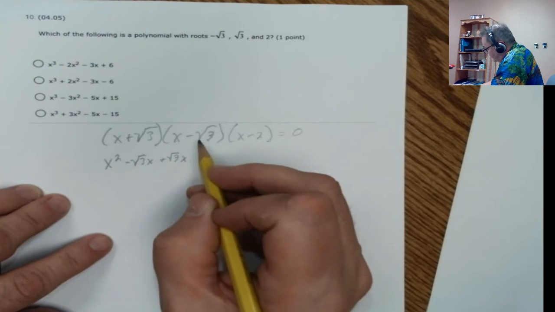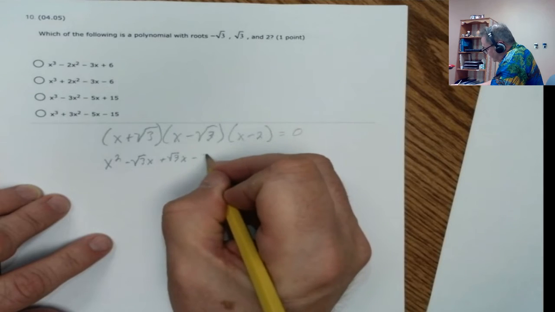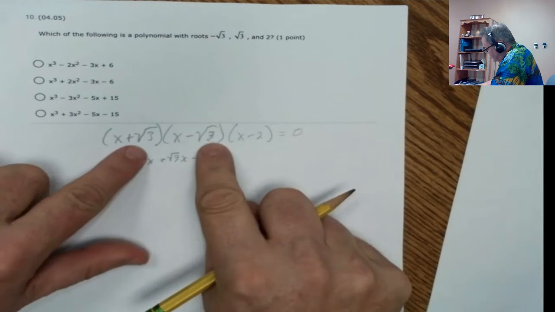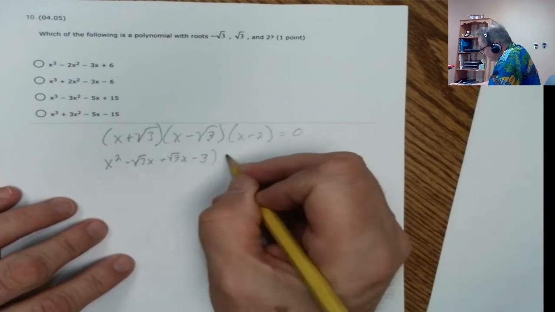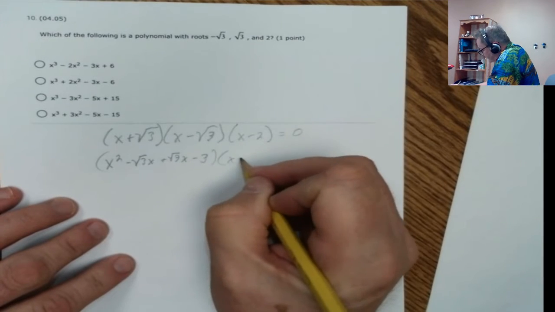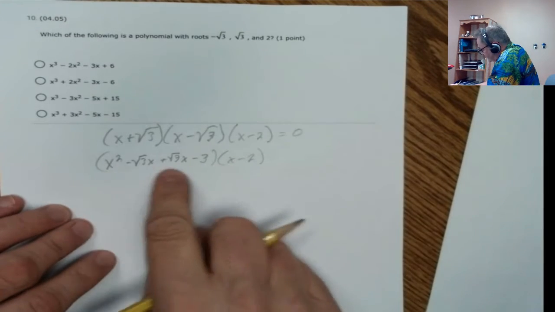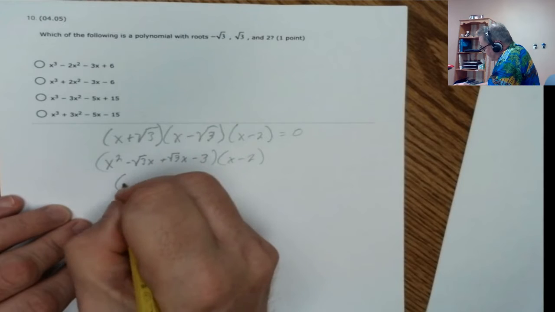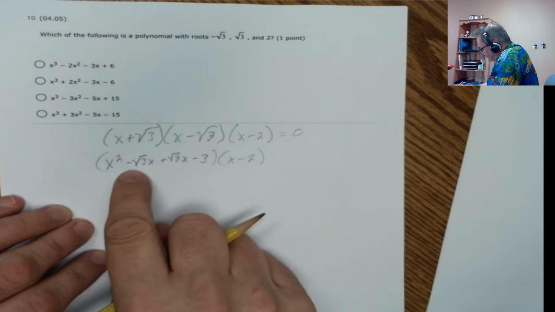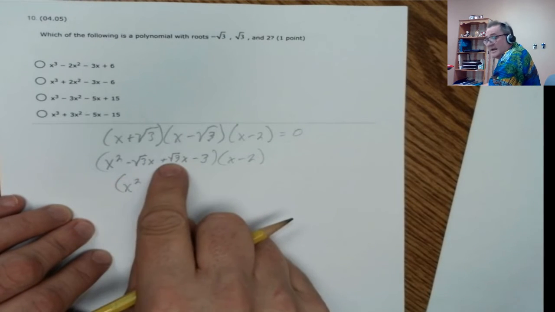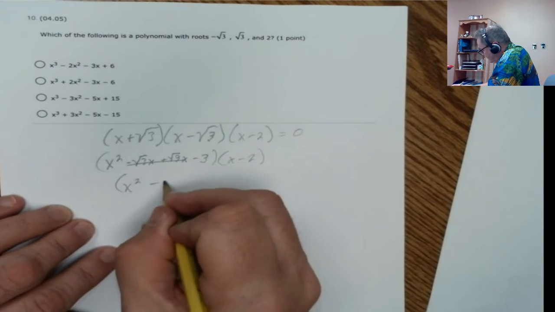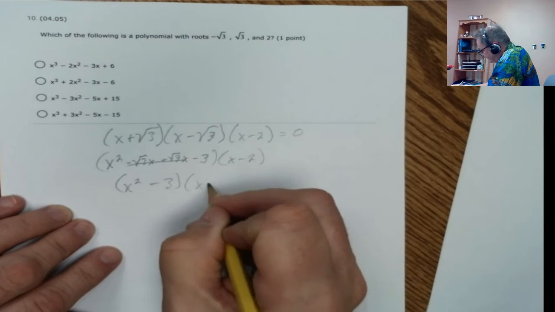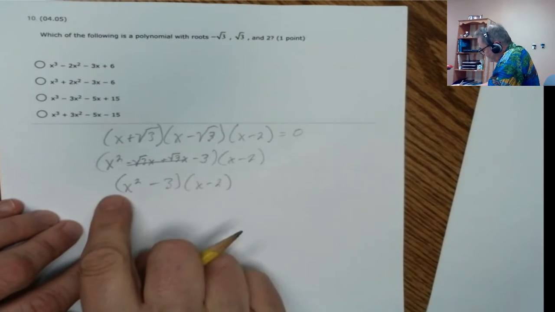And the square root of 3 times negative square root of 3 is minus 3. The square roots cancel each other out. That basically makes them squared. Okay, and all that will still be multiplied by x minus 2. So let's simplify this. x squared, negative square root of 3x plus square root of 3x cancel each other out. So we got minus 3 times x minus 2.